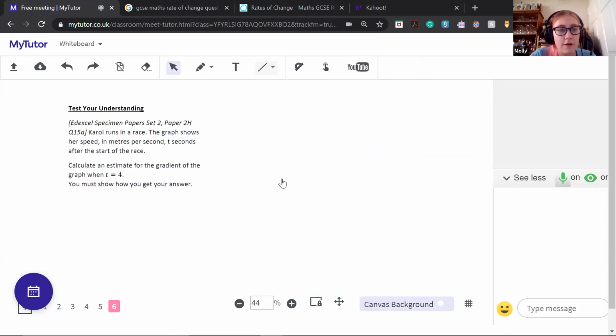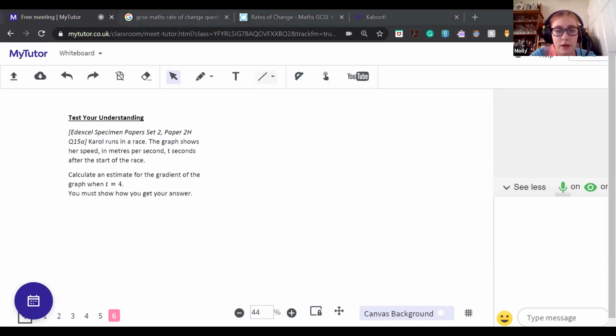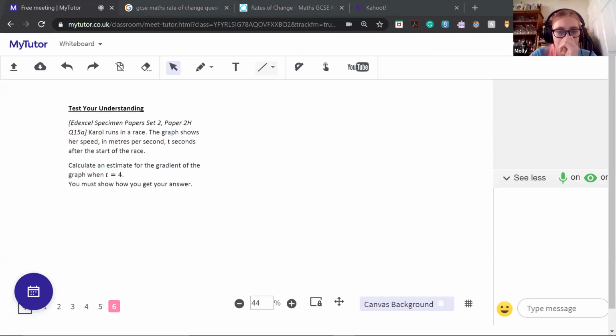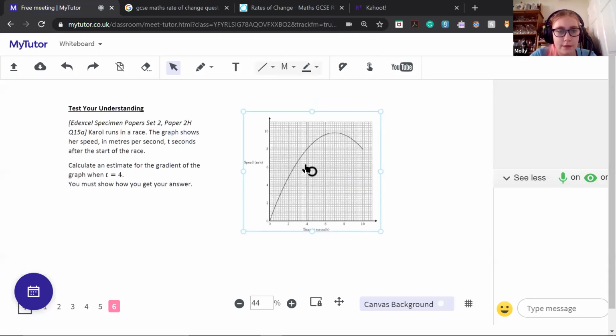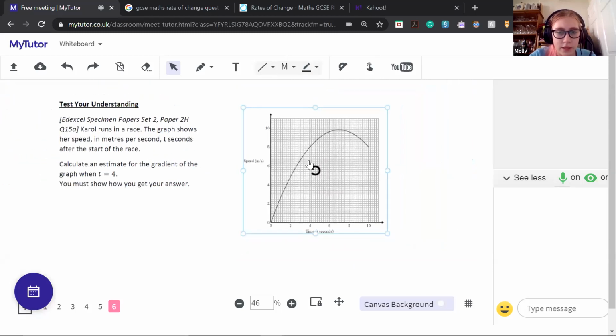So we're going to see a graph. Let me just grab up that graph and then we'll look at the question properly. Okay, let's make this one bigger.